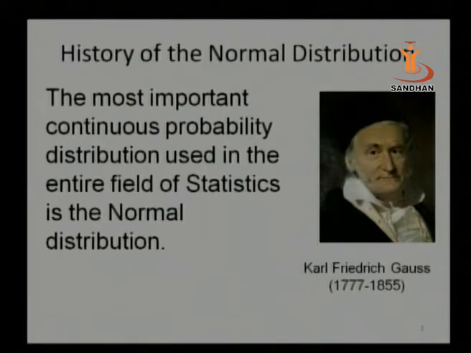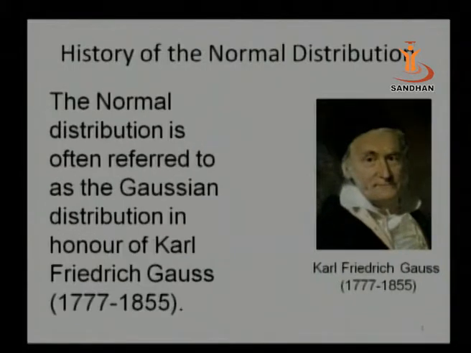Here again, the history of the normal distribution. The most important continuous probability distribution used in the entire field of statistics is the normal distribution, and the founder was the respected Carl Friedrich Gauss, 1777 to 1855.